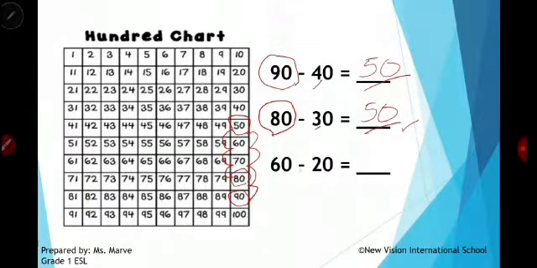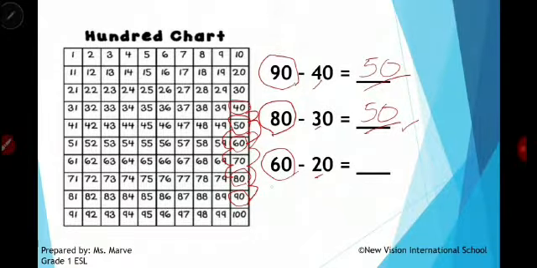The last one. You have 60 minus 20 is equals blank. Find the 60 first. Where is the 60 in the 100 chart? Oh, it's there. Ask yourselves, how many tens are there in 20? It's 2. So from 60, move up 2 times. 1, 2.